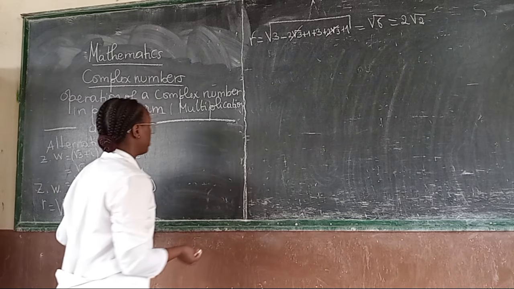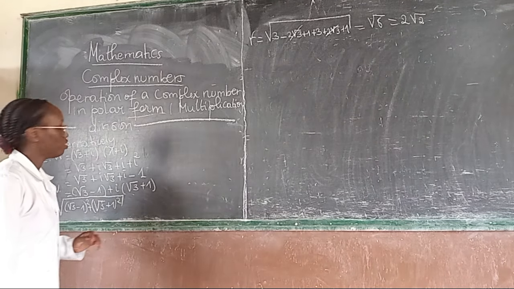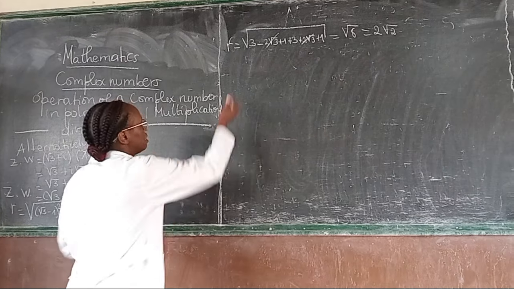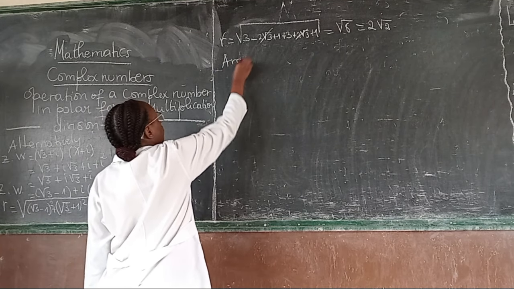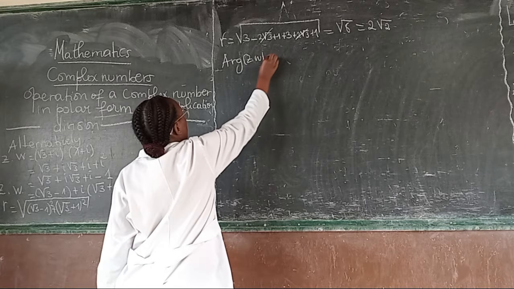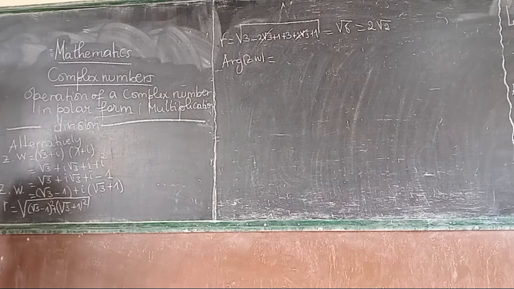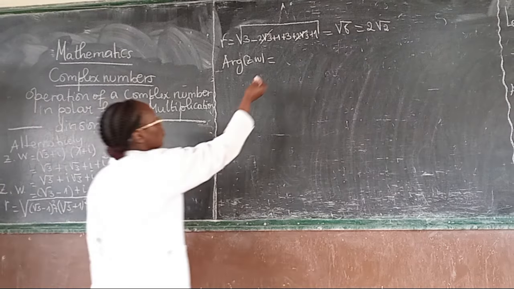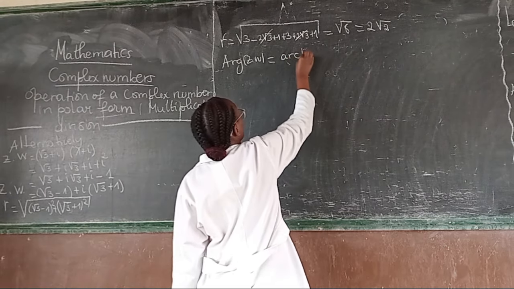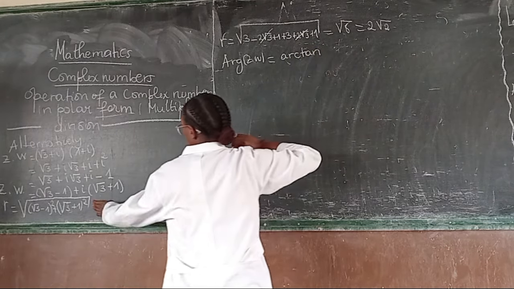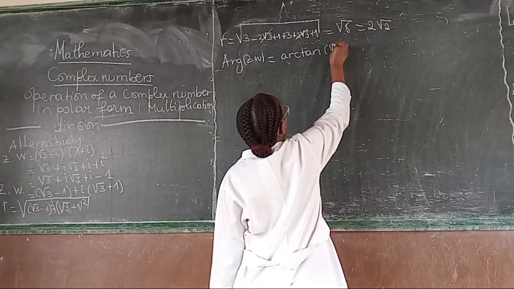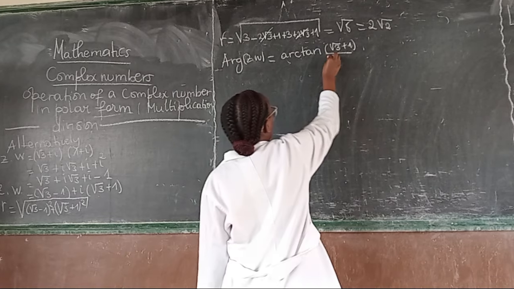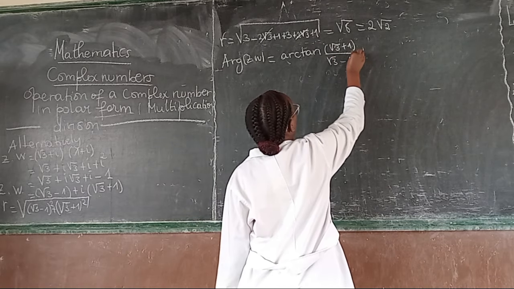Now we are going to find it in trigonometric form or in polar form. But before, we have to find the argument of this one in Cartesian form. So if we check the way our complex number is about A and B, we have tan inverse of square root of 3 plus 1 over square root of 3 minus 1.